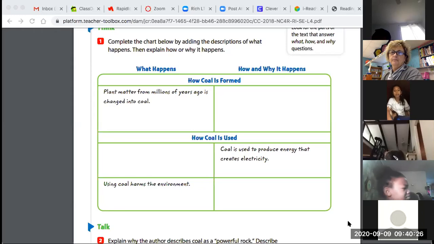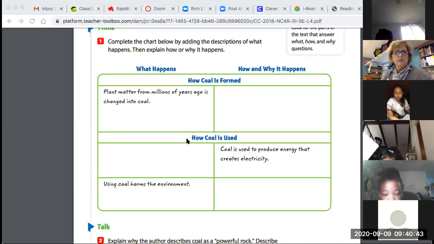Yeah, they're still seeing the same page. Are you looking? Alina says she still sees the coal paper. Oh, it's still showing that? Am I frozen? We could see your mouse moving, but the paper looks the same.